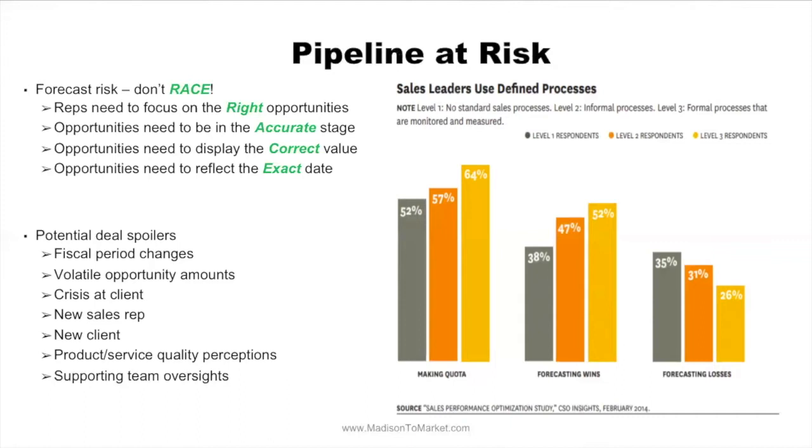And in yellow, which is level 3, they have formal processes that are monitored and measured. Not surprisingly, these level 3 teams perform better in terms of making their quota and forecasting wins and losses. The importance of formalizing sales processes cannot be understated.